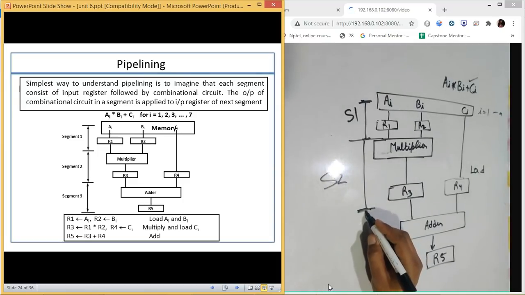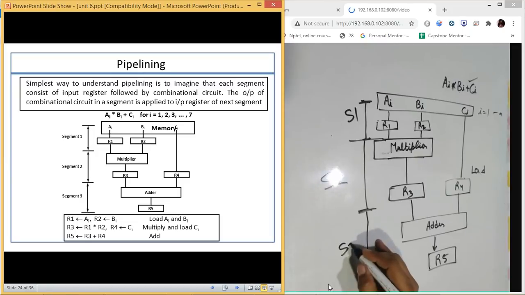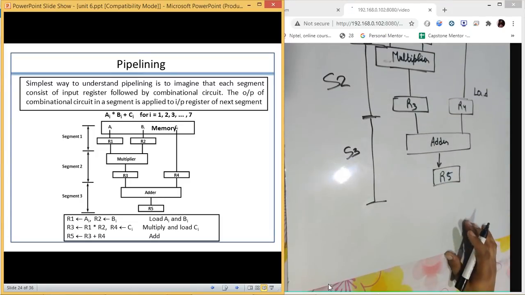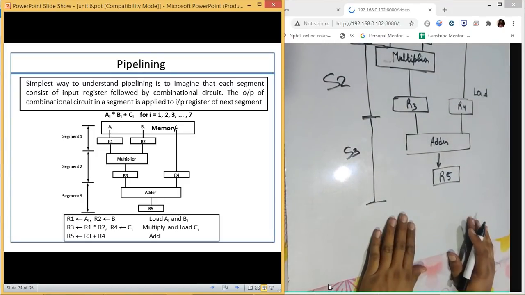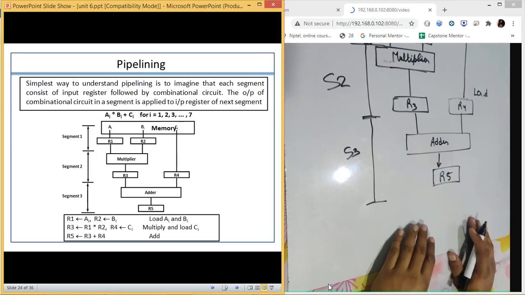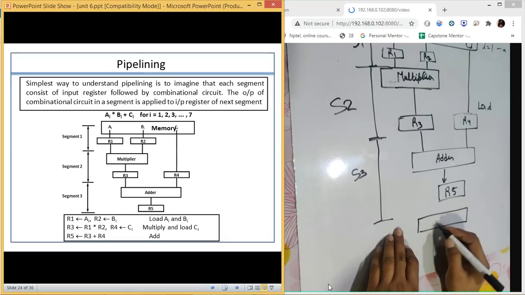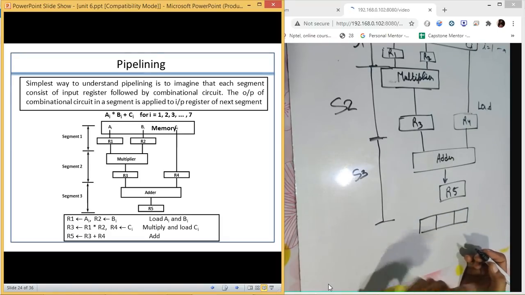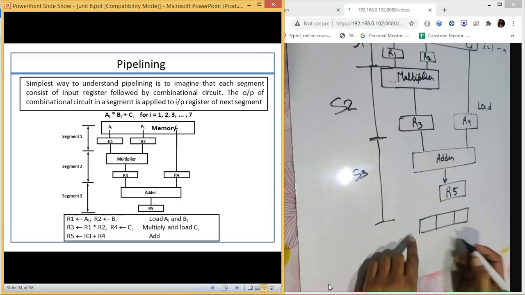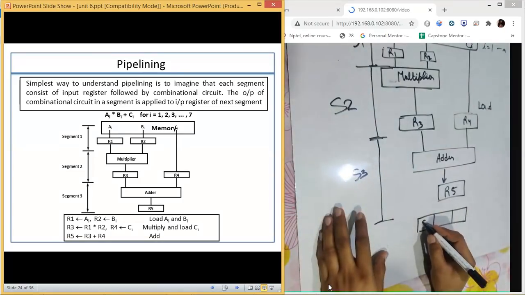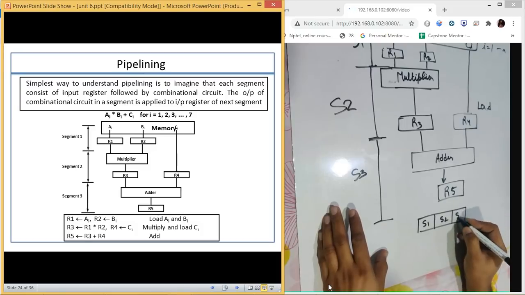Then from this up to the result is segment 3. If we see the normal processing of our pipeline, what we have seen was that we divided it into four tasks. Now we are doing it in three. So just imagine this is S1, this is S2, this is S3.